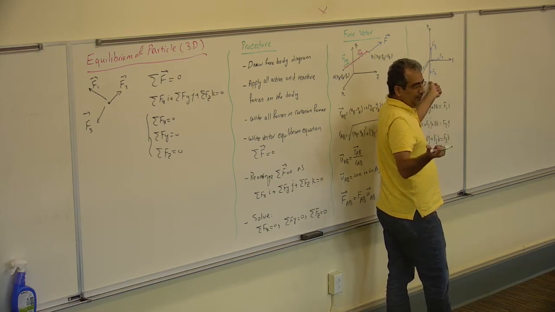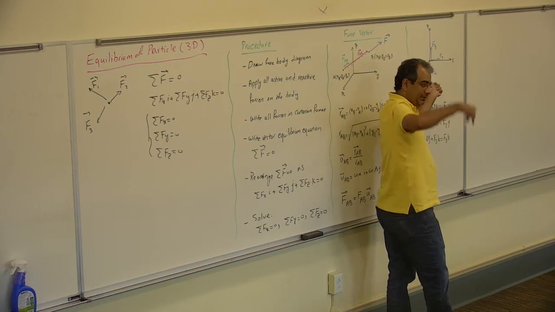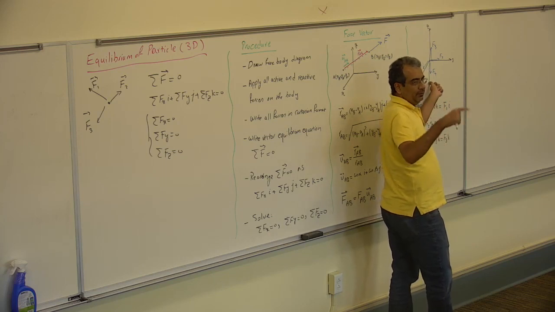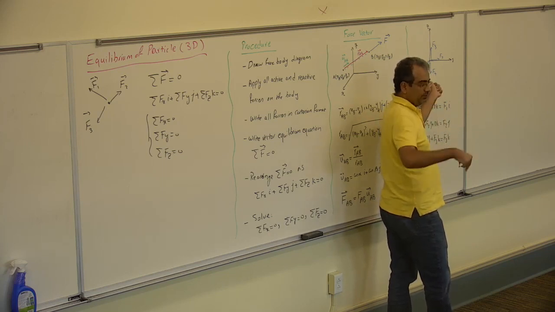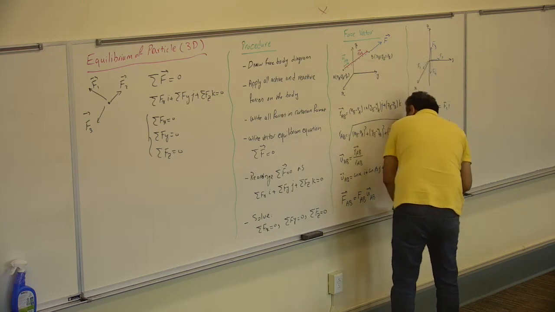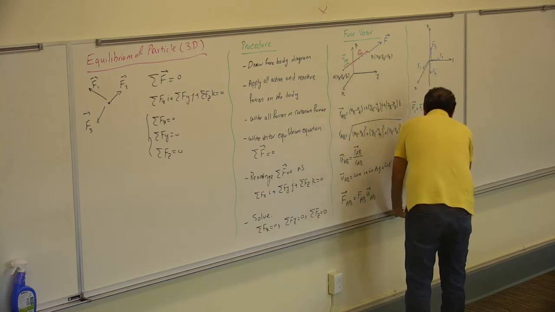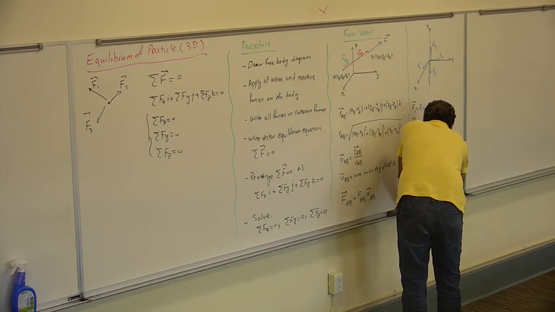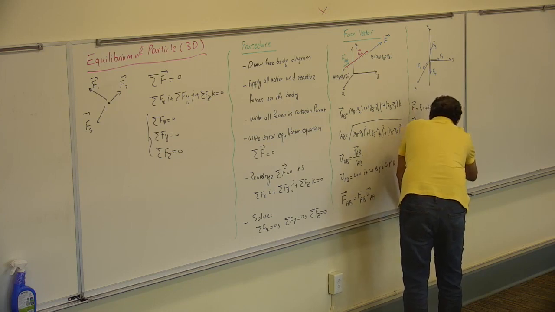F4 doesn't have anything along the x, doesn't have anything along the y, but it is negative along the z. So it's going to be 0 i, 0 j, minus F4 k, or simply minus F4 k.